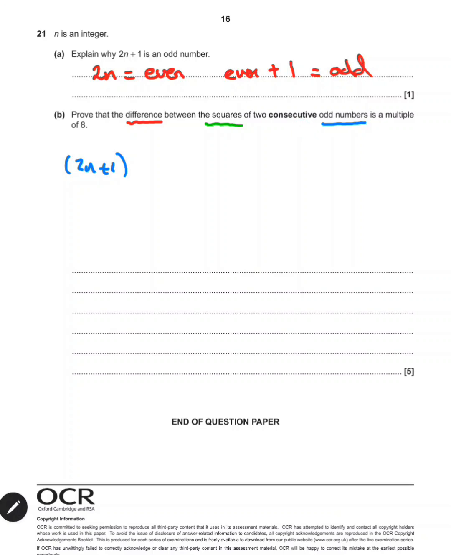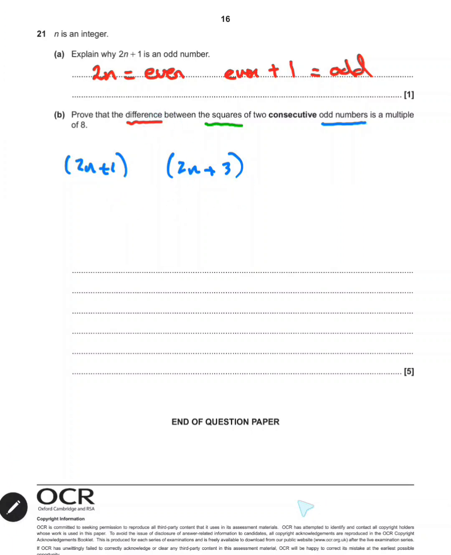Consecutive means the next one, and difference is a subtraction. So the next odd number will be 2n plus 3. From one odd number to another, we add 2. From 1 to 3 is add 2. From 3 to 5 is add 2. So this is a difference here between odd numbers of 2.